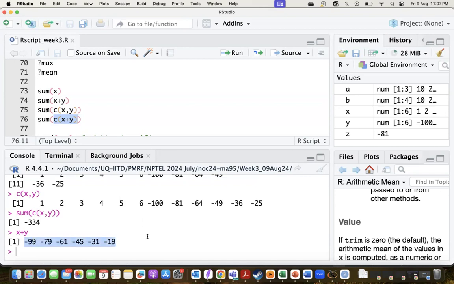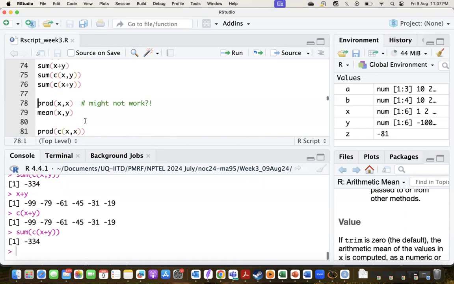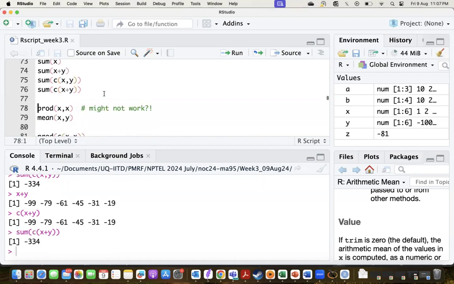I'm combining this with nothing, so I get the same thing as the output. So this bracket of c is just extra, but it doesn't harm. But I'm very sure now this is a vector that I'm dealing with. And then you sum it up, you still get the same answer.